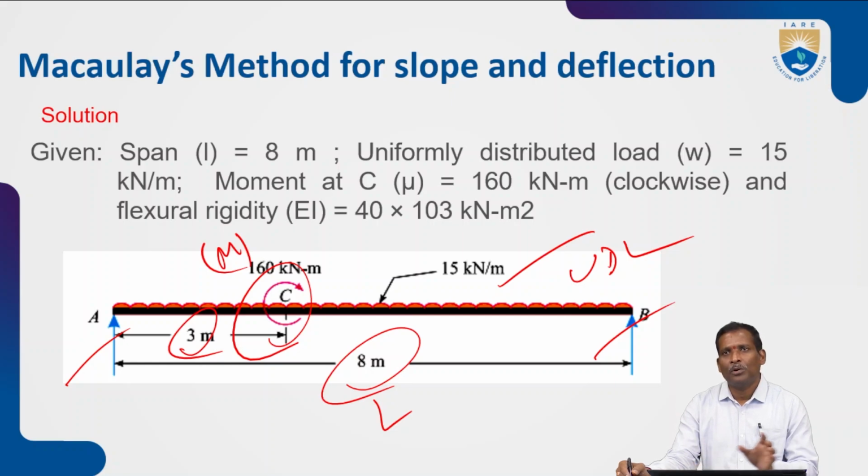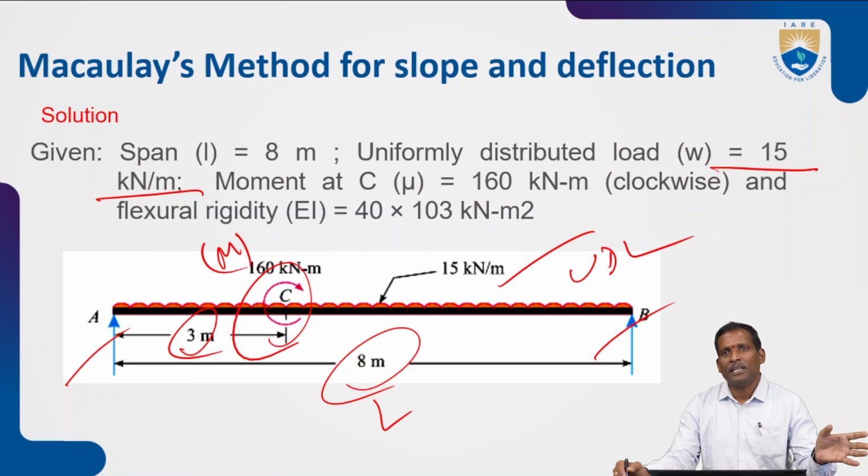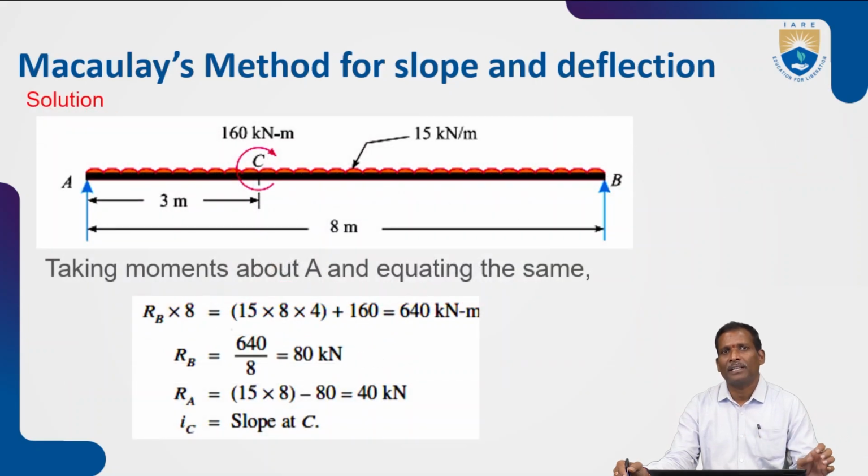So the type of load is UDL, 15 kilonewton per meter. The moment at C is 160 kilonewton meter clockwise, and the flexural rigidity EI is directly given as 40 into 10 cube. For this beam we need to calculate the slope and deflection. He has asked only for slope.